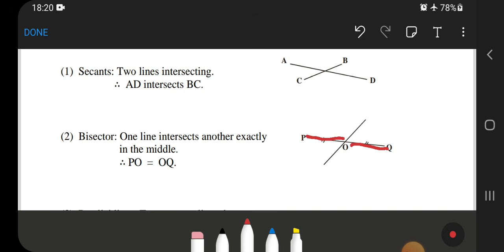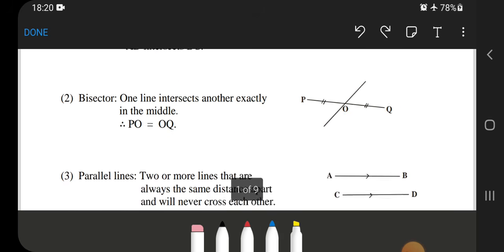Then you will find out that this one also is equal to that one. So we have to know intersecting lines are just lines that are crossing, and when lines are bisecting, one intersects the other exactly in the middle. This one is intersecting in the middle of this one. So that's another thing to keep in mind.